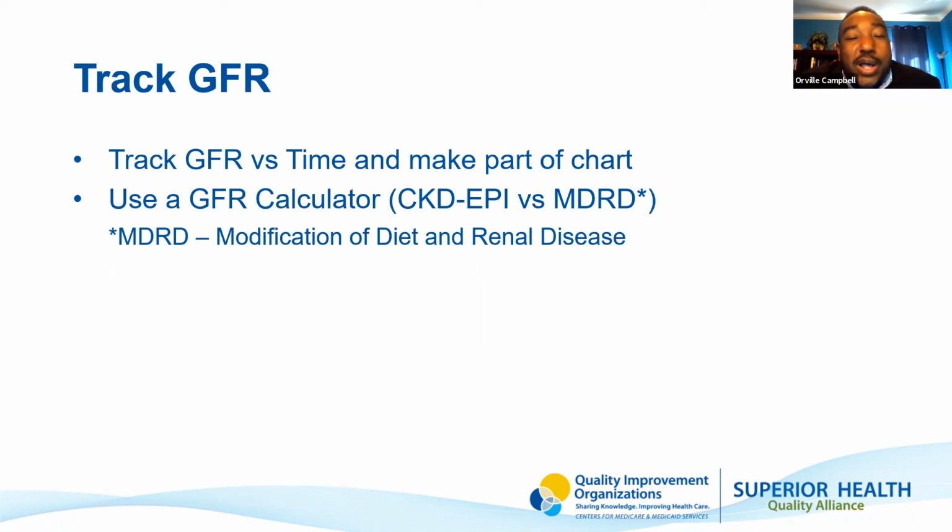Just use the equation. Let's not add race into it. That's been done away with because, again, it overestimates the GFR in vulnerable populations and can impact their ability to be transplanted in a timely manner and other issues as well. Next slide.